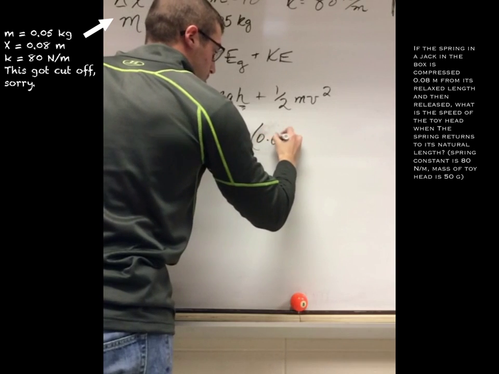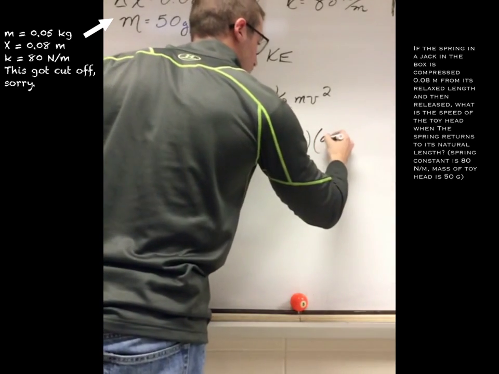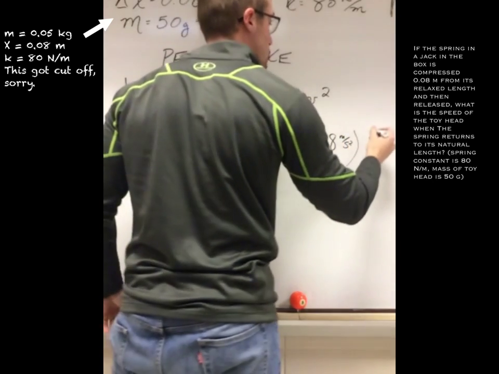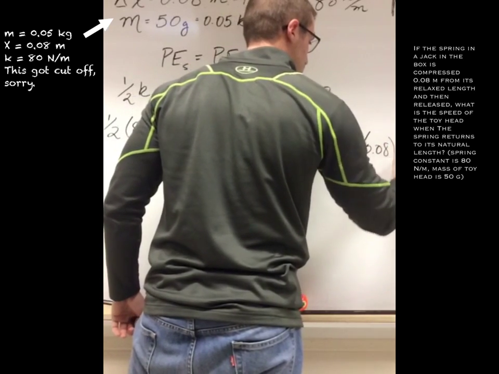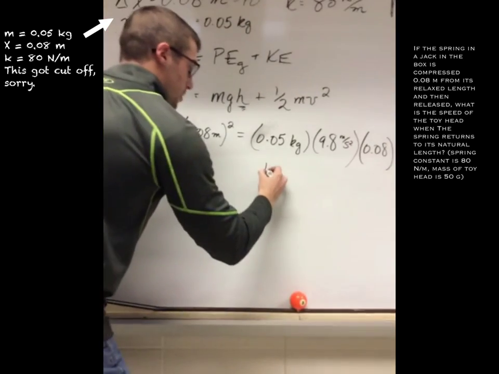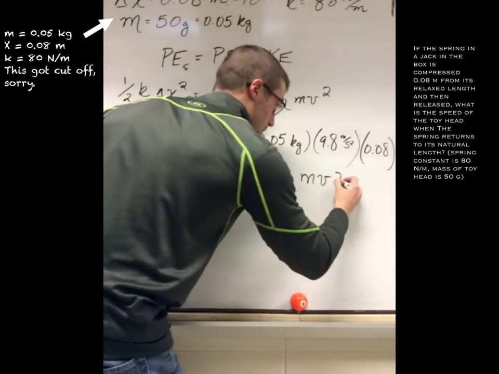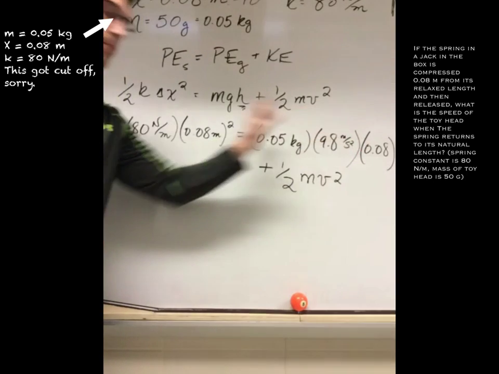So we'll throw our known information in here. And we're running out of room. Then we know that we have our kinetic energy tacked onto that as well. So we can simplify these numbers down.